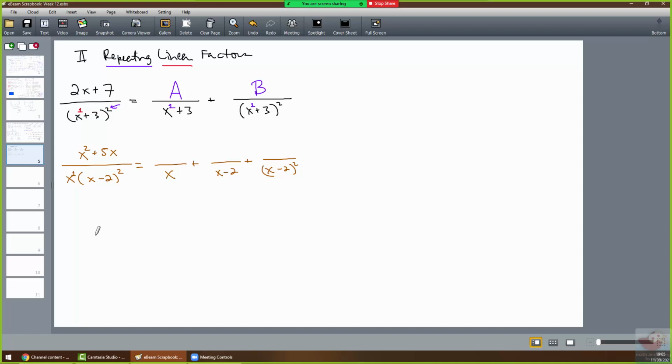All 3 factors are linear, which means all 3 numerators are constants. So in this case, we'd have an A, B, C. But after that, same: clear out the fractions, create a system, RREF.